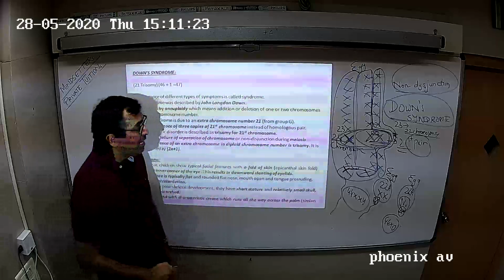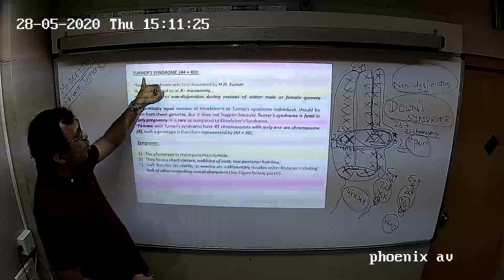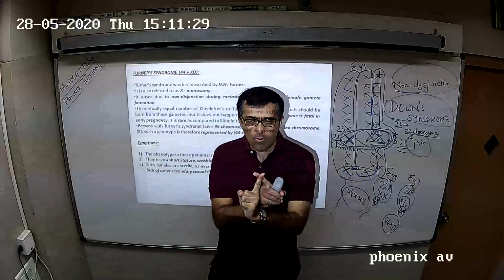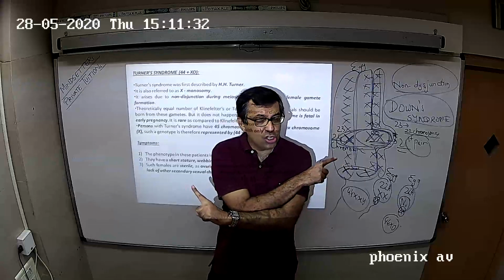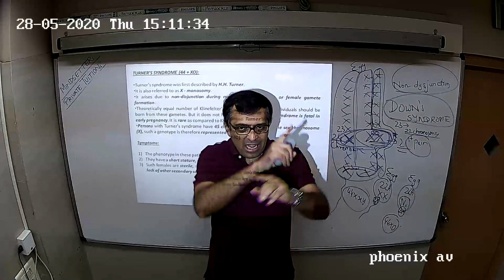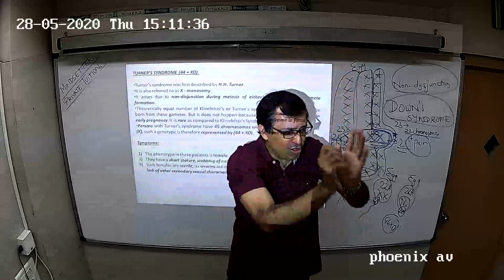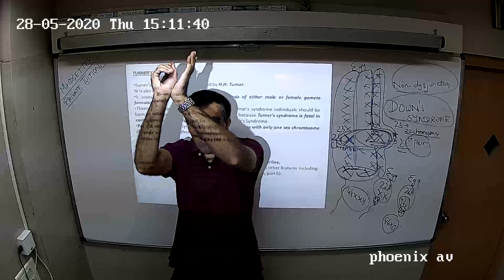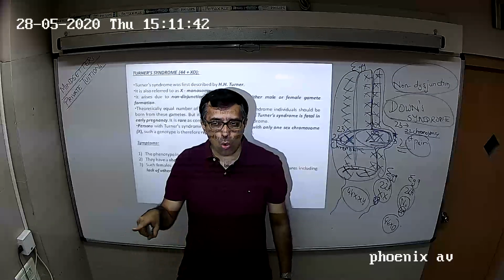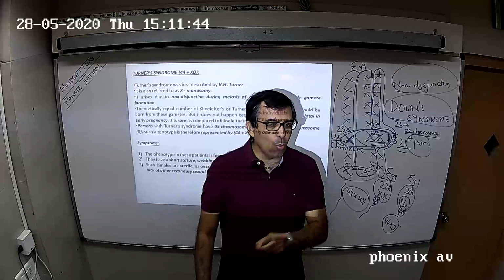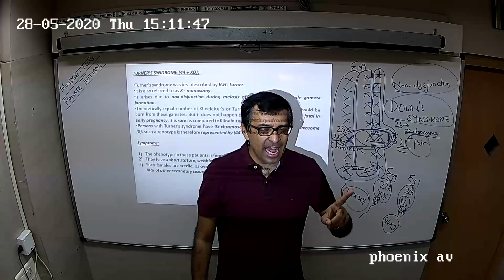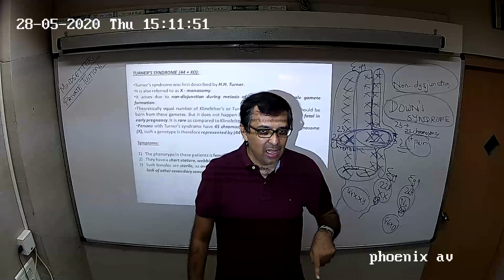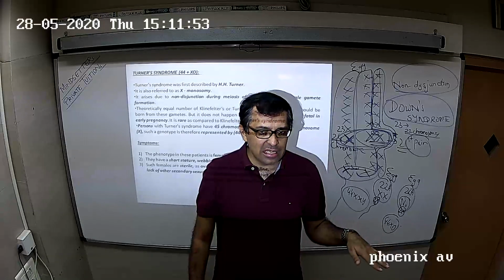Then we have Klinefelter syndrome and Turner syndrome. If disjunction did not happen between the X chromosomes, that means one egg will have 22 XX and the other egg will have 22 0. If a sperm with Y chromosome fuses here, it will become 44 XXY, which is called Klinefelter syndrome.